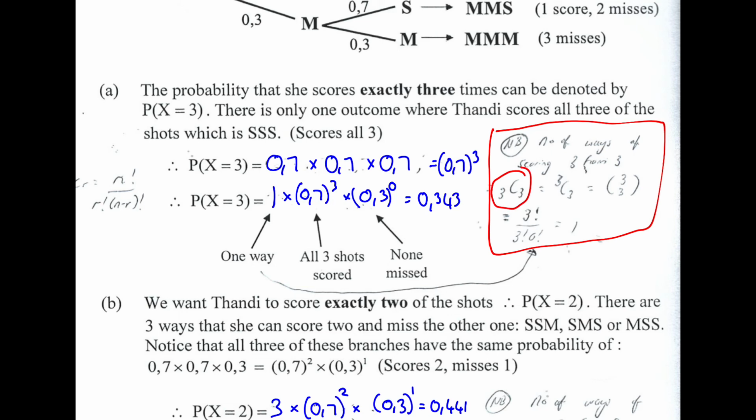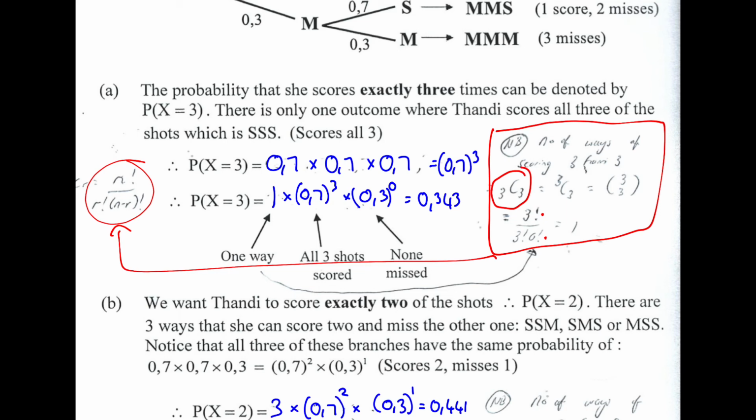But that means basically 3 factorial over 3 factorial times 0 factorial, and that links to the generic form: n factorial over r factorial times (n minus r) factorial. We'll deal with that a little bit more later, but you should remember that from last year.